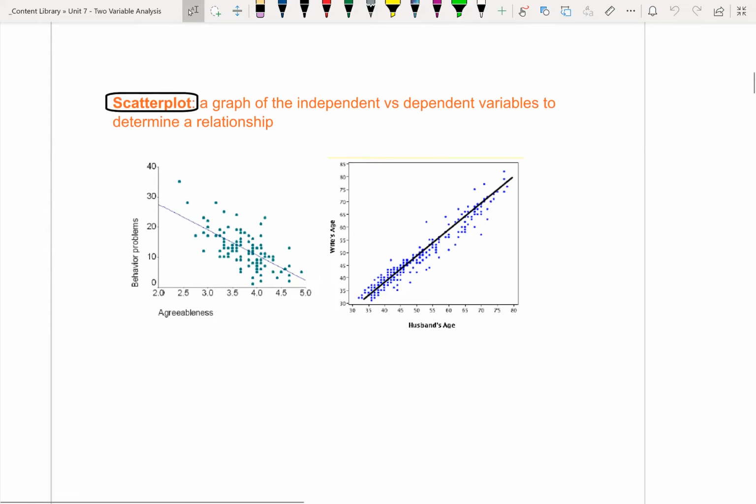So if I look at these two examples here, in my first example, I have a graph looking at agreeableness and behavior problems. And looking at this graph, we should see that there is a relationship that as people become more agreeable, there are fewer behavioral problems.